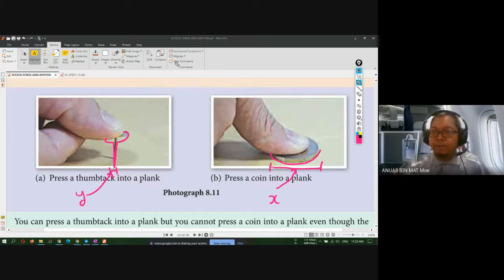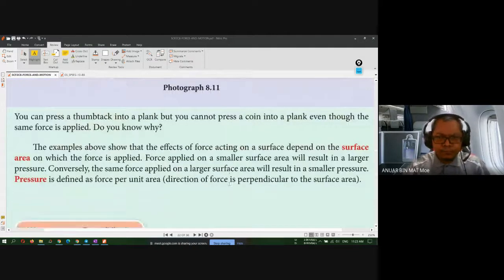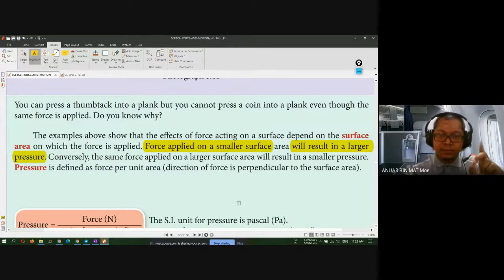All right. So we go to the next topic. The example shows the effects of force acting on a surface depend on the surface area where the force is applied. Force applied on a smaller surface will result in larger pressure.